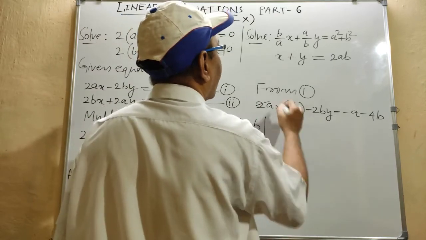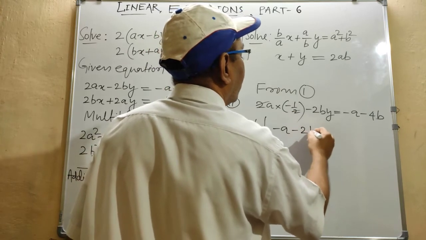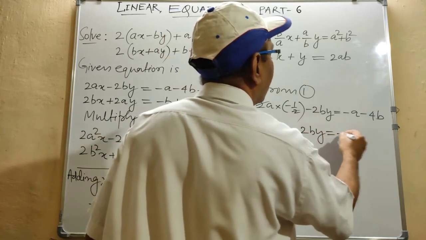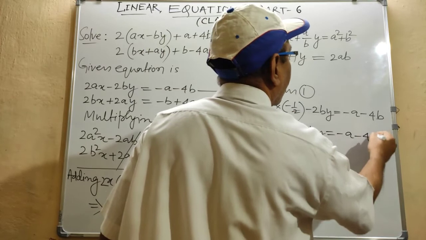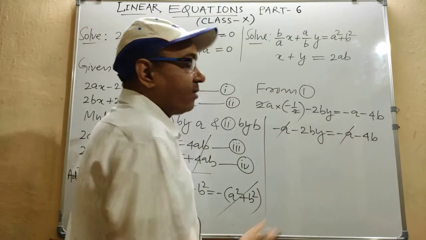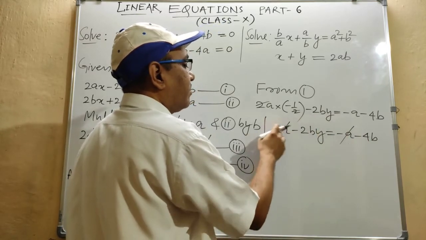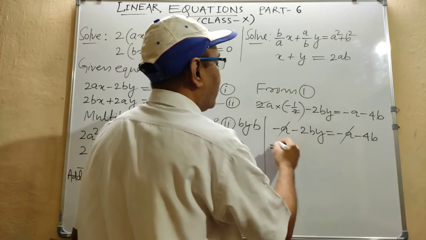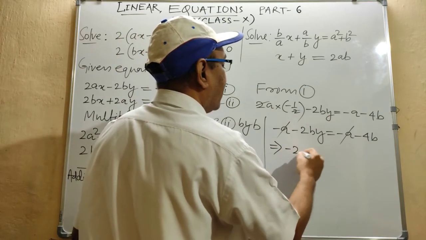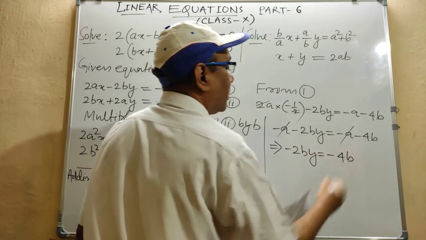This 2 can be cancelled, so it is minus a minus 2by equal to minus a minus 4b. Here this minus a can be cancelled, because this minus a will come to this side and become plus a, and plus a minus a can be cancelled. So we are getting minus 2by equal to minus 4b.